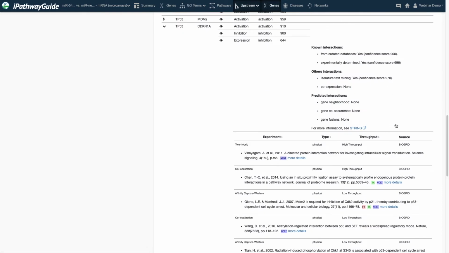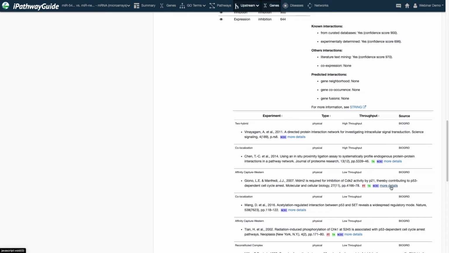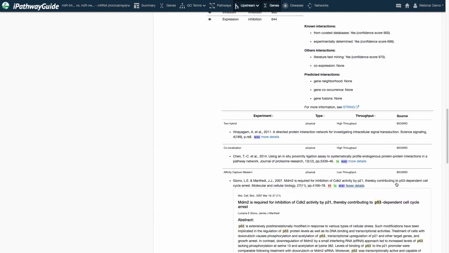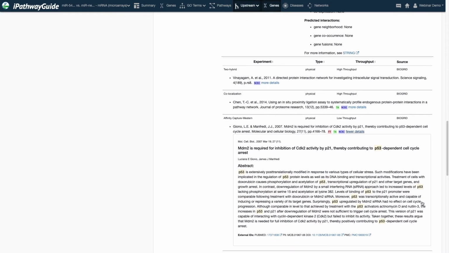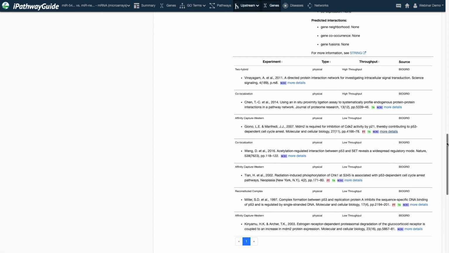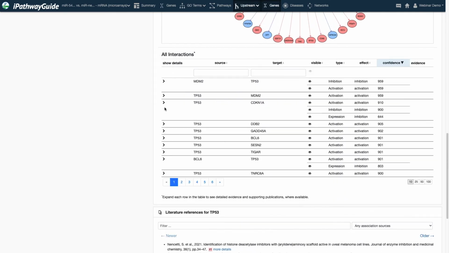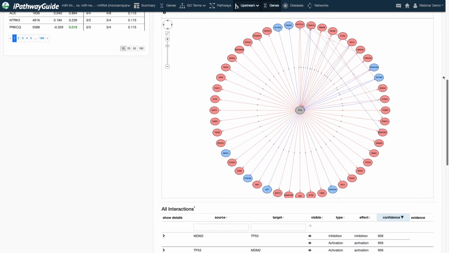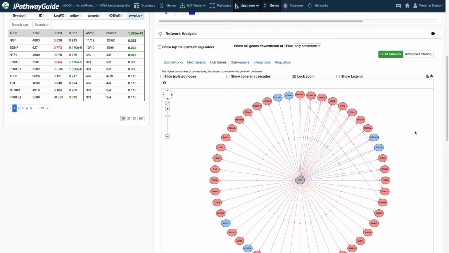There are links out to other databases, and when there are papers to help bolster the evidence, we offer them here with links to PubMed, DOI, and PubMed Central as well. You can see that the genes are also highlighted in the title and abstract when they are mentioned. Okay, so this evidence table is a really nice way to inspect evidence in the network when you're not sure.